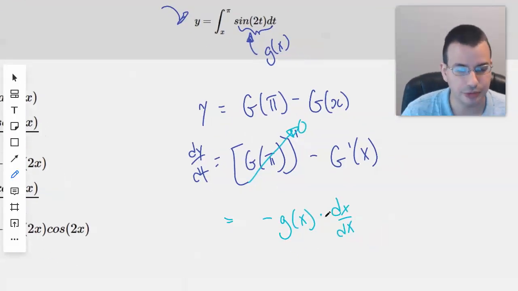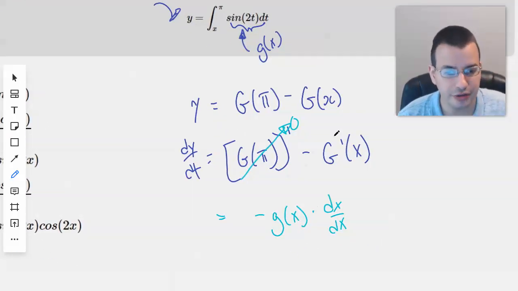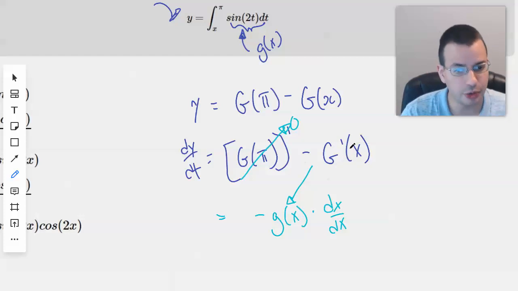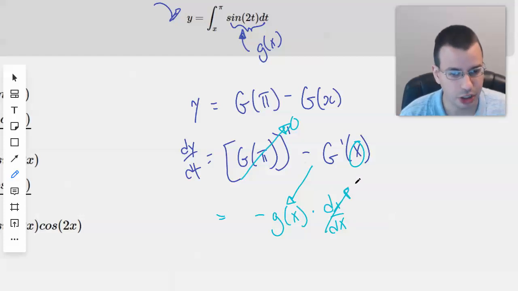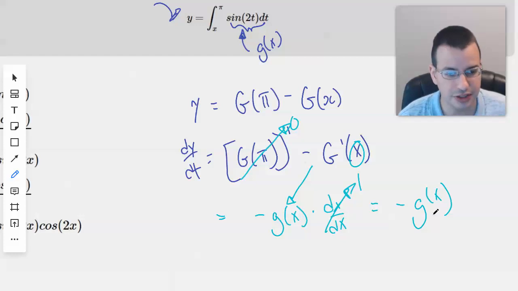This is the chain rule. So the derivative of big G will be just g. But by the chain rule, we have to take the derivative of the interior as well. In this case, it's just x. And the derivative of x with respect to x will just be 1. So long story short, we're left with negative g of x.